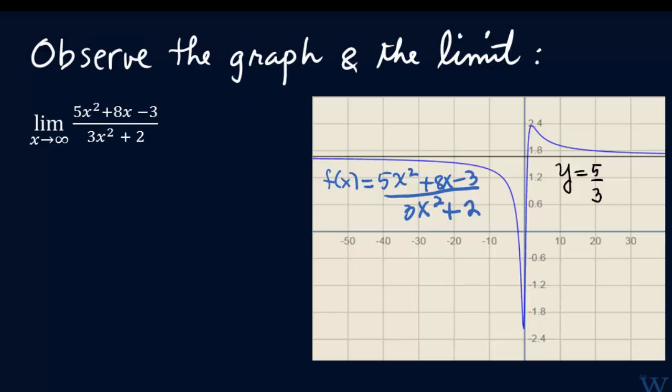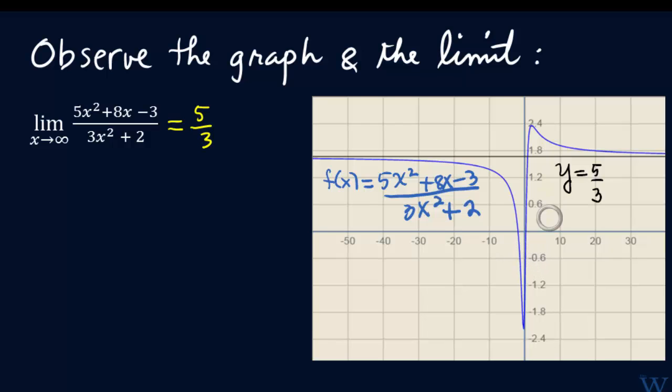Now there is something going on about the relationship between the graph of a rational function and its limit as x approaches plus or minus infinity. As in this case, they have the same degree. So what is the limit? We know that the limit is equal to 5 over 3. Now look at the graph here on the right side.